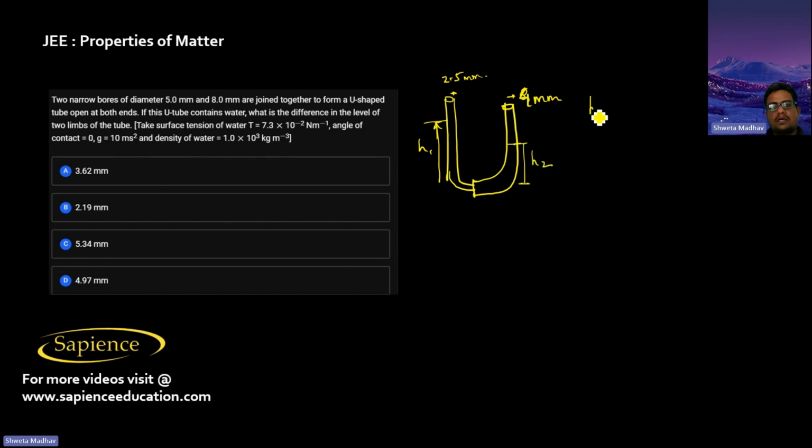Since we know that the height gain is the capillary rise, that is given as h equal to 2S cos theta by rho g r, where S is the surface tension.